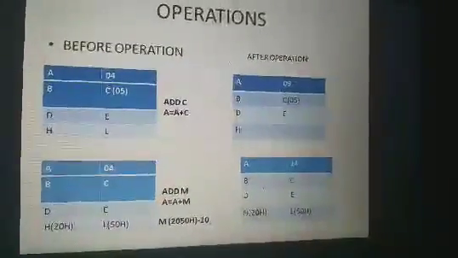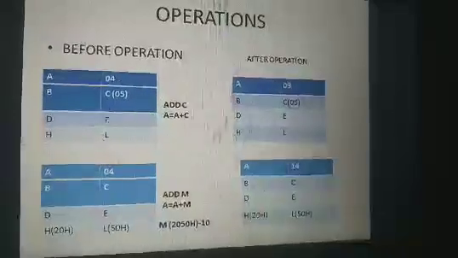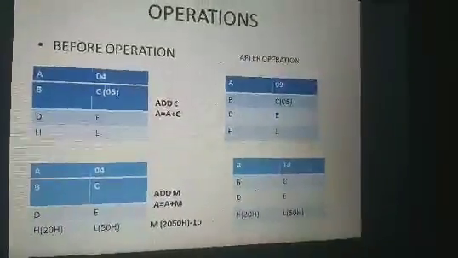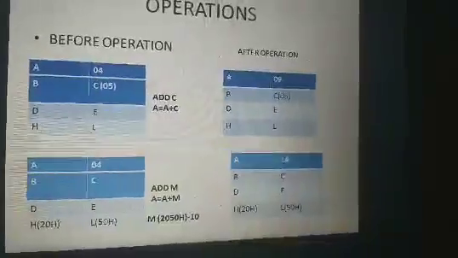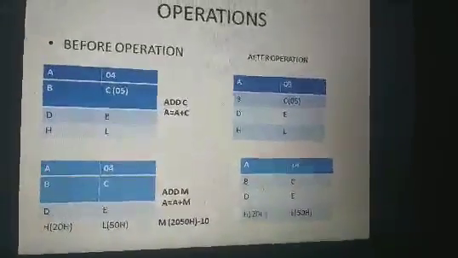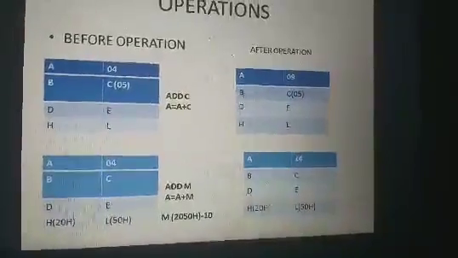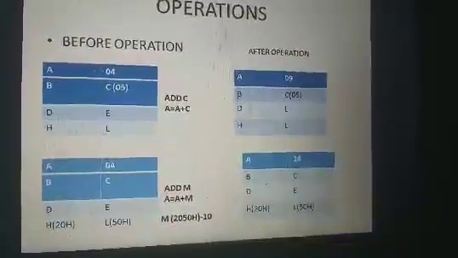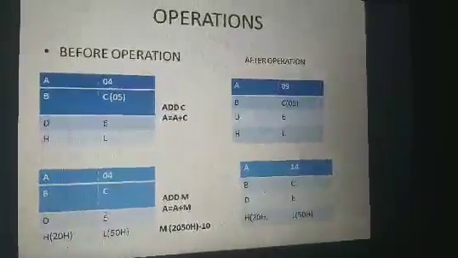Now, before operation, in the case of register, we have taken A as 04H, right? I have not written H here, but it is understood that these numbers are always in hexadecimal. So A is 04H, and in register C, 05H is given.